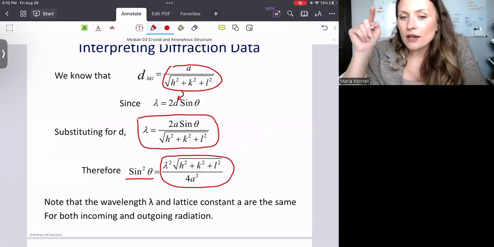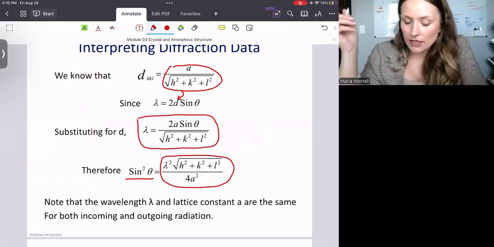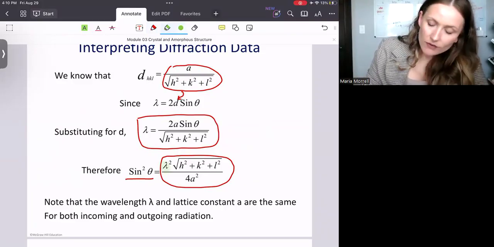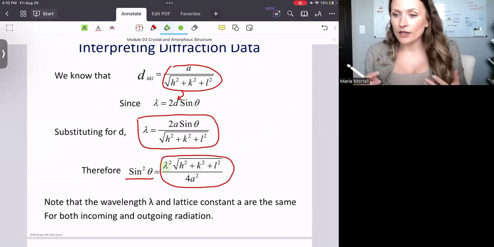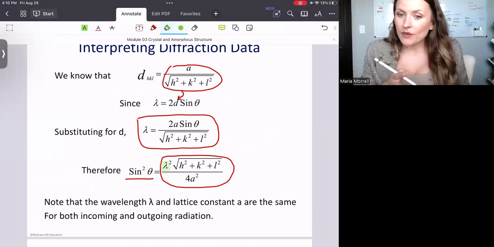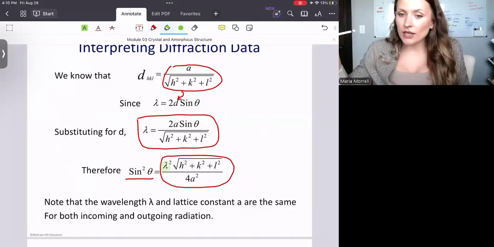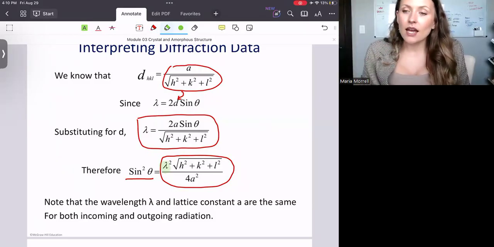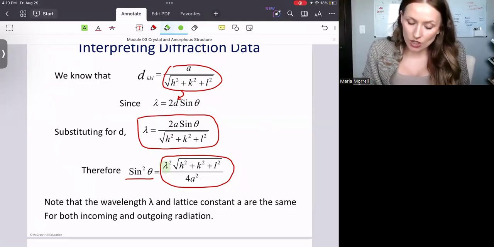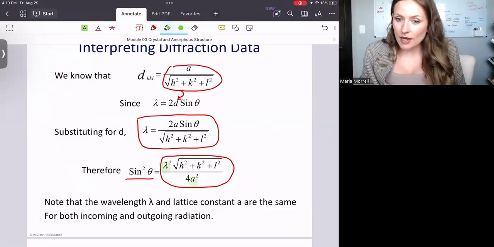You will notice that if I am looking at the incoming and outgoing radiation, my wavelength is the same because I have the ability to define the wavelength of the beam I'm using. And once the X-ray is diffracted, it is the same wavelength, so it won't change. And since I'm using the same material, then my A remains the same.